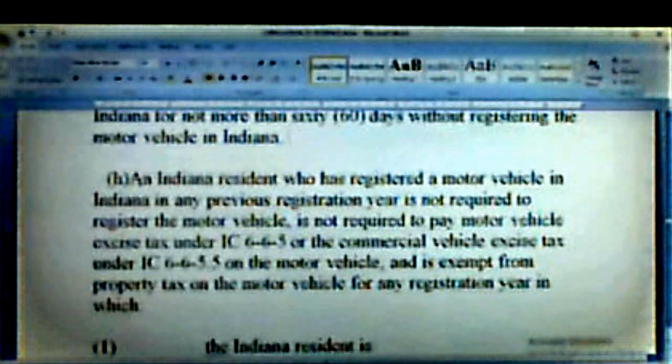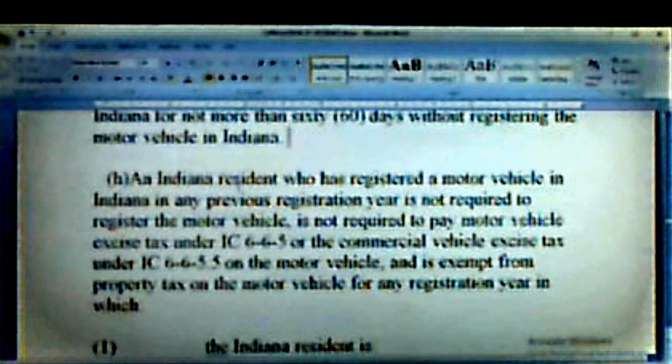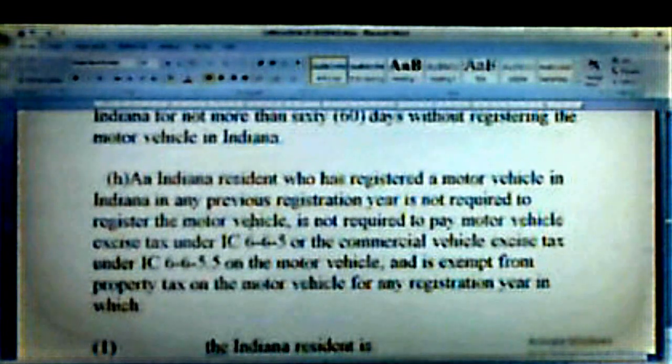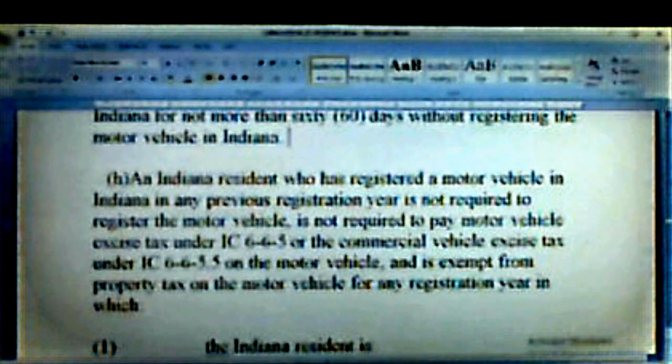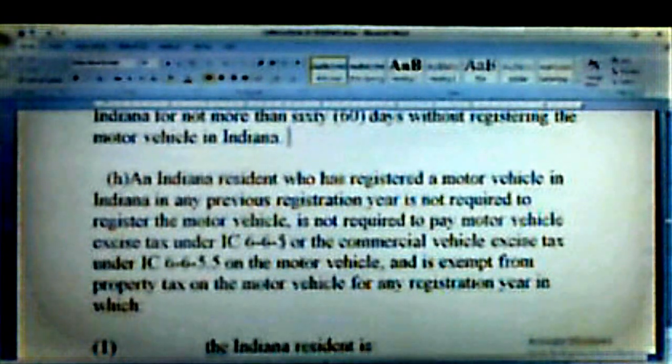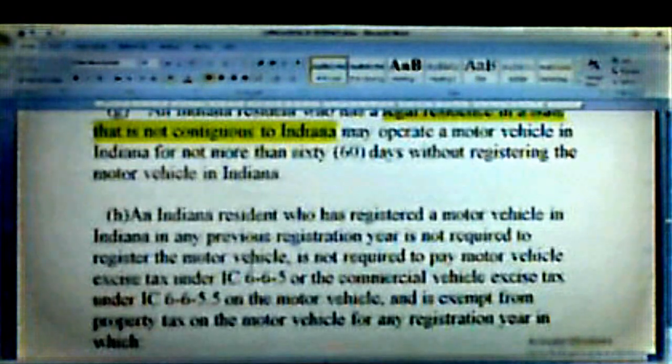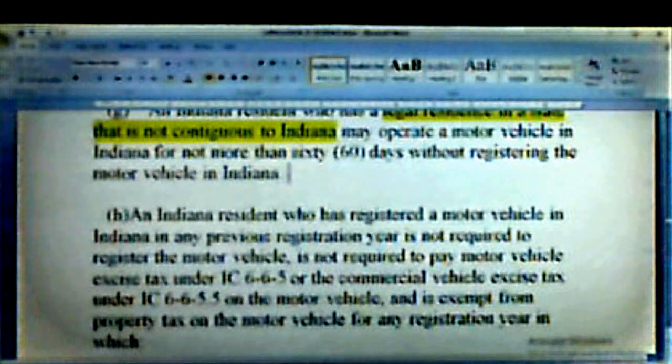Now in H, it says an Indiana resident who has a registered motor vehicle in Indiana in any previous registration year is not required to register the motor vehicle. Is not required to pay the motor vehicle excise tax under IC 6-6-5 or the commercial vehicle excise tax under IC 6-6-5.5. Now look, an Indiana resident who has registered a motor vehicle in Indiana in any previous registration year.